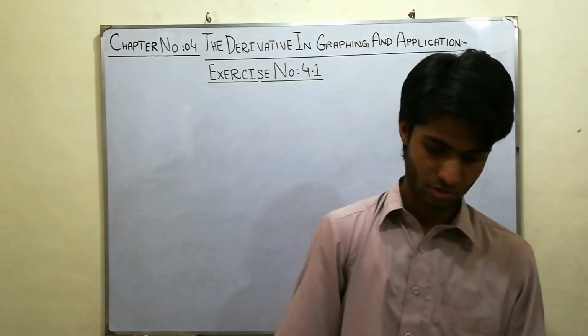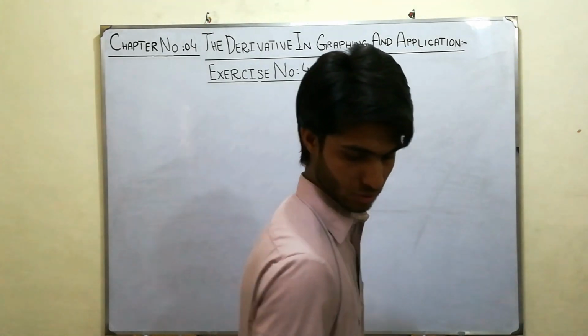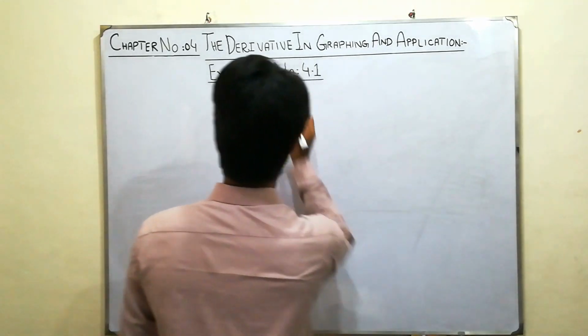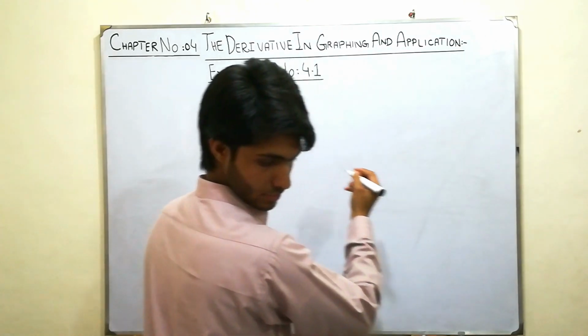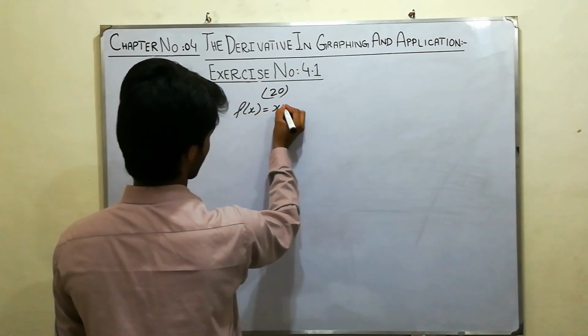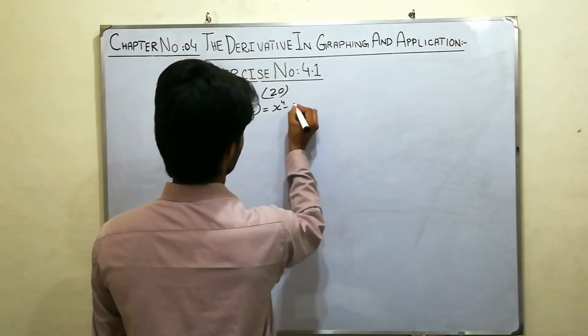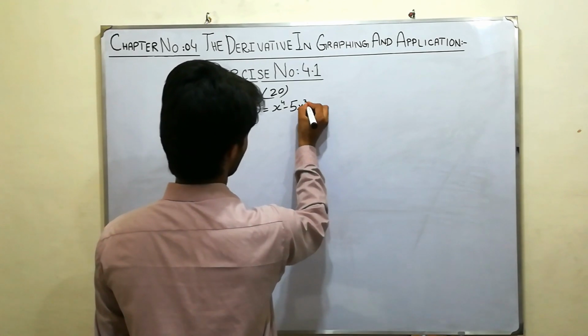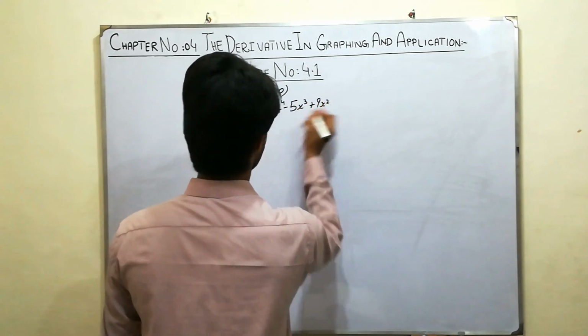Next question is question number 20. f of x is equal to x to the power 4 minus 5x cubed plus 9x squared.